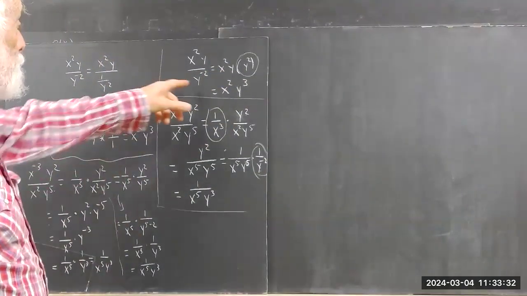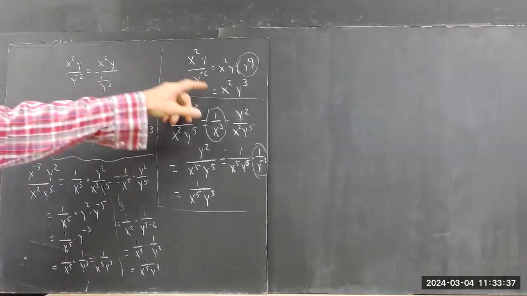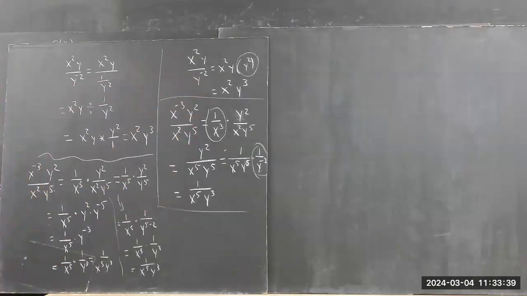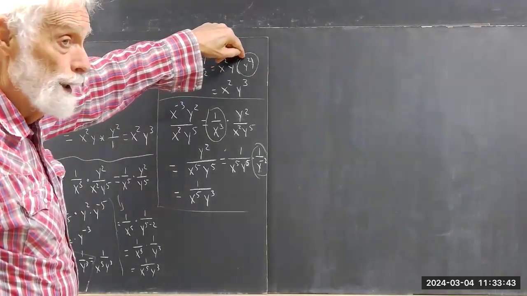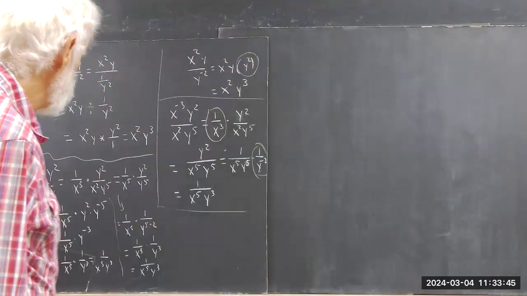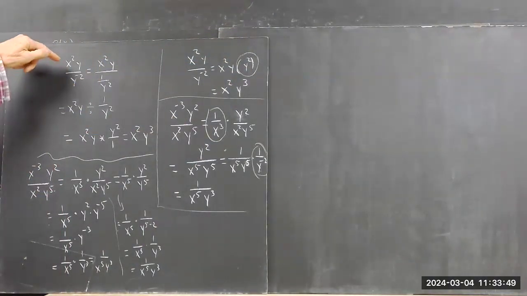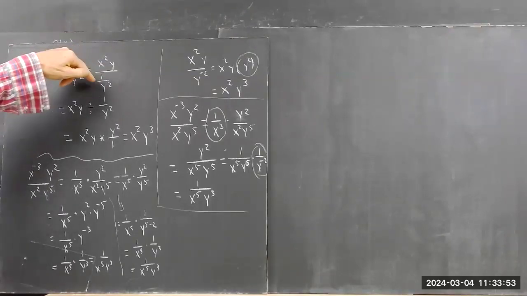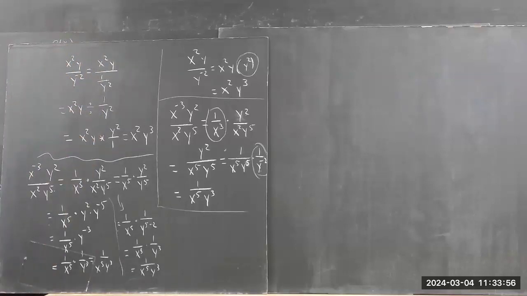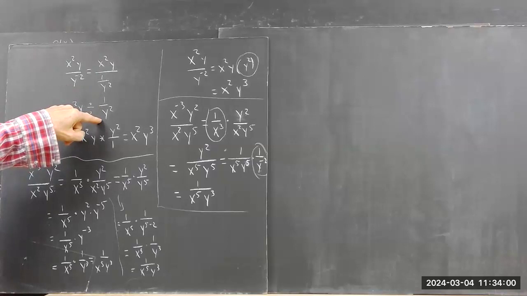Okay. Now there's another way this could have been done, just to convince ourselves that everything's nice and consistent. Y to the negative 2 here doesn't just magically become y squared. It becomes y squared because x squared y over y to the negative 2 means x squared y divided by the reciprocal of y squared.